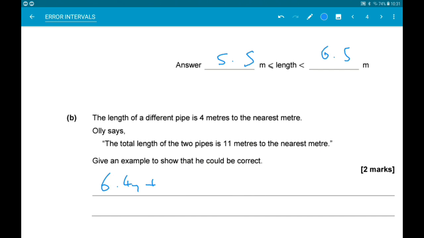The second pipe could be 4.4 meters. Now together then, that would give us 10.8 meters, which, rounded to the nearest meter, is indeed 11 meters.